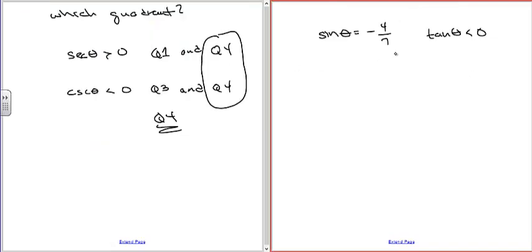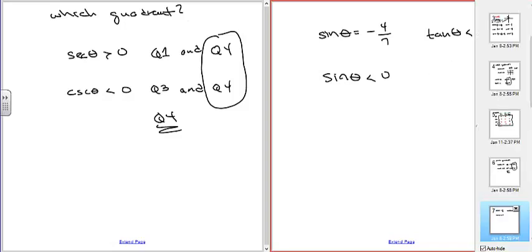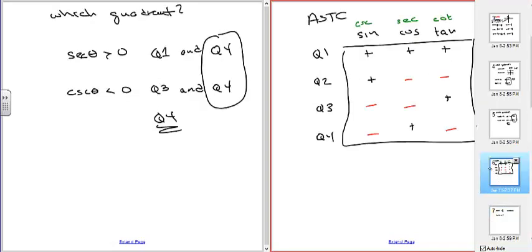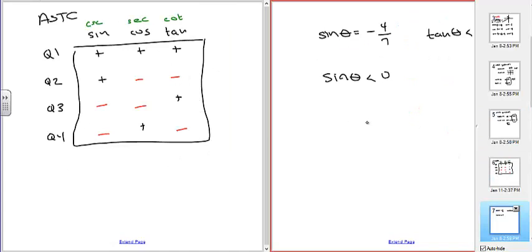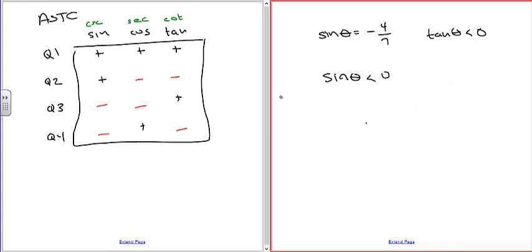Okay, now here we got the same kind of thing, except once we figure out what quadrant we're in, then we can figure out all the other trig function values. So this says the sine of theta is less than 0, because that's negative, and the tangent of theta is less than 0. So again, let's take that one chart and move it down here so we can use it to figure out what quadrant.